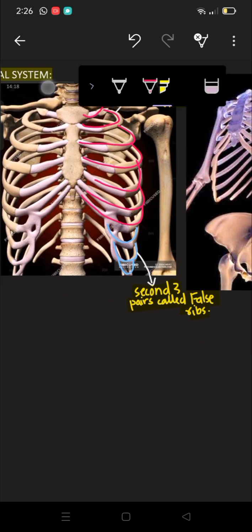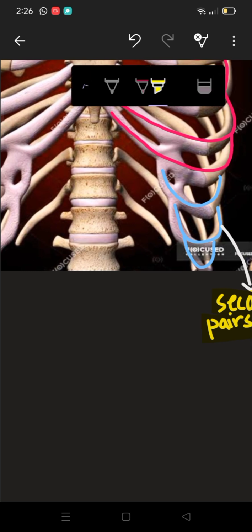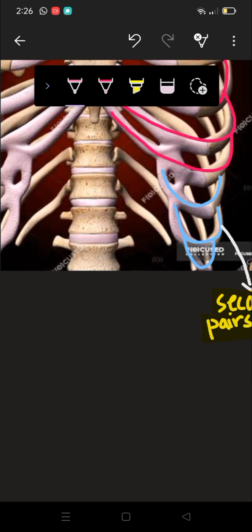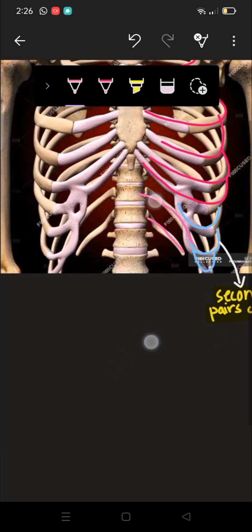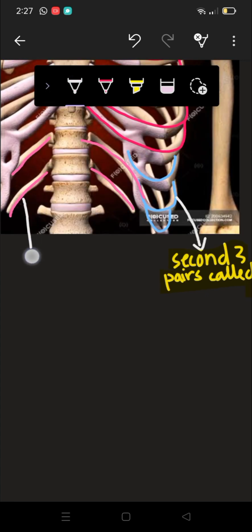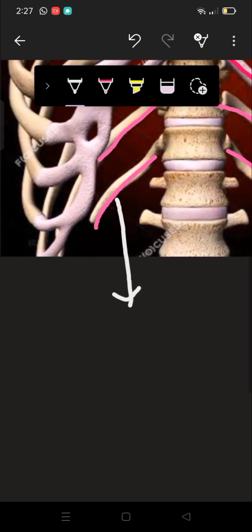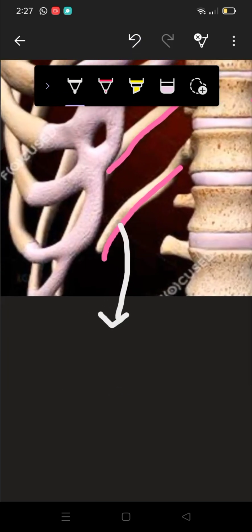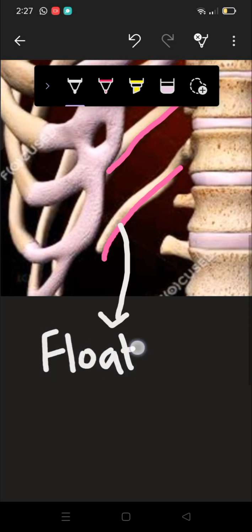Then, as you can see here, we have two more pairs. Those pairs are known as floating ribs. These, as you can see here as well, are floating ribs. Let me write this here. These are known as floating ribs.